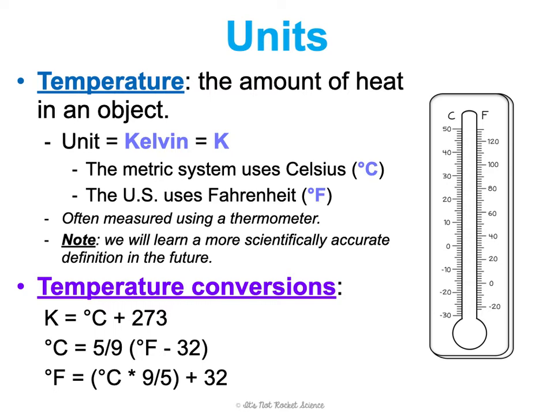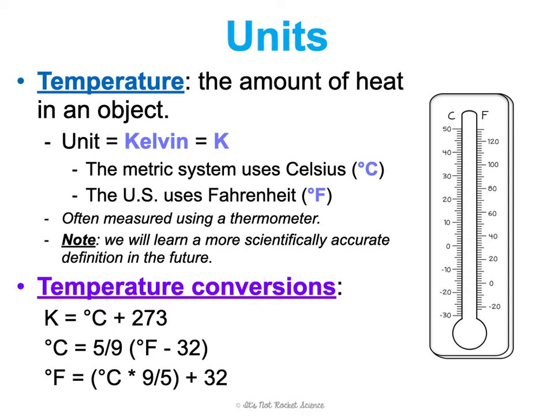If you are happy with fractions and you love them, please feel free to use your fraction. Me, I'm just not a happy camper when it comes to fractions. So I would read this equation as degrees Celsius equals 0.55 times degrees Fahrenheit minus 32. And then I would just do my order of operations from there.